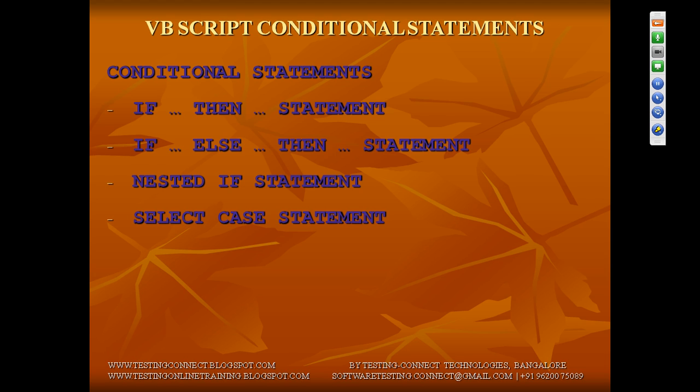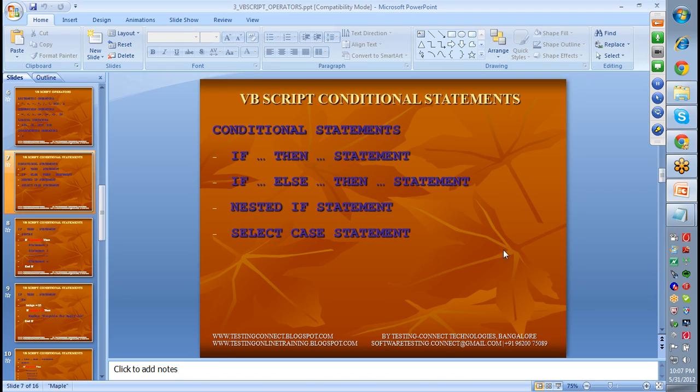Let us suppose you are applying for a job. What is your prerequisite? Your minimum age should be 18 years, then only you will be eligible for applying for the job. In that kind of situation you can go for conditional statements.